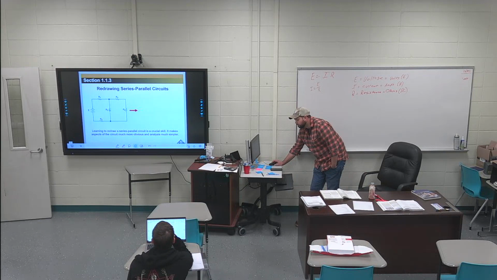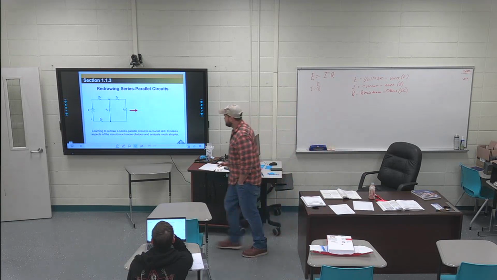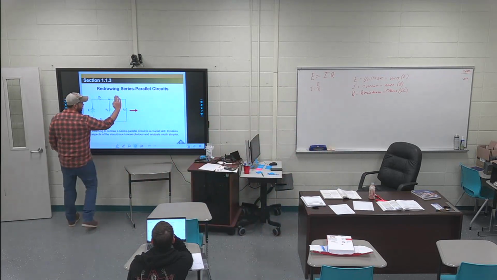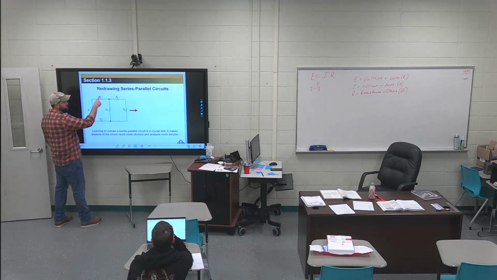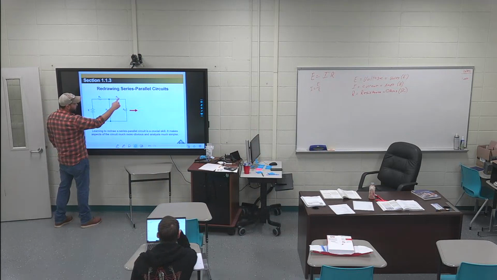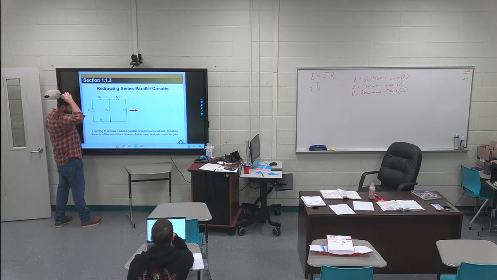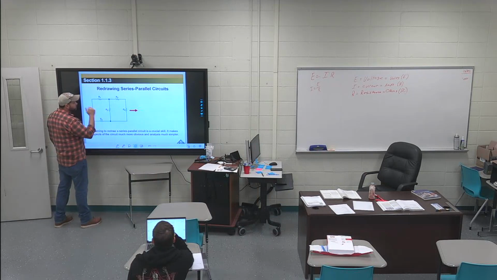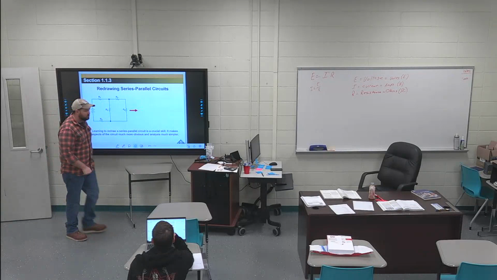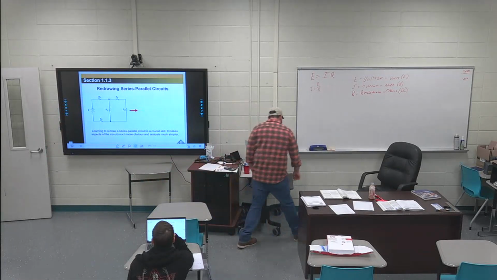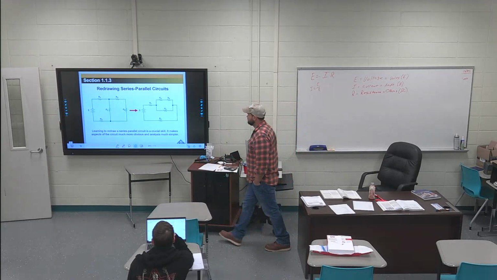No, series, because if I just deleted R4 and R5, these are in series. Same thing, if I deleted R2, R1, R4, R5, and R3 would all be in series. But R2 is in parallel with R4 and R5 because they start at the same point and they end at the same point. So in order to simplify this, they want you to break it down and redraw it.